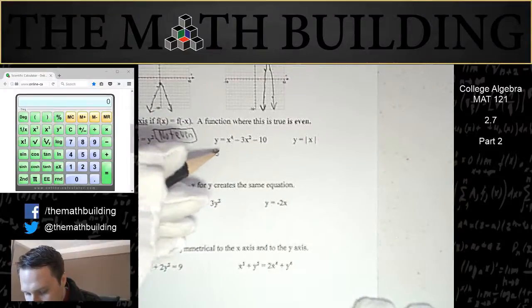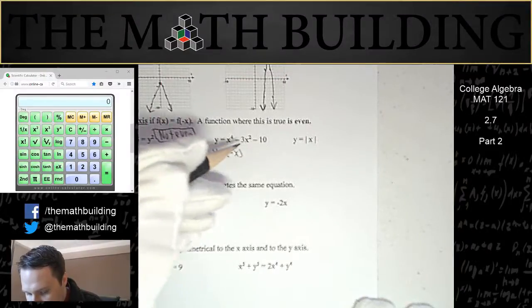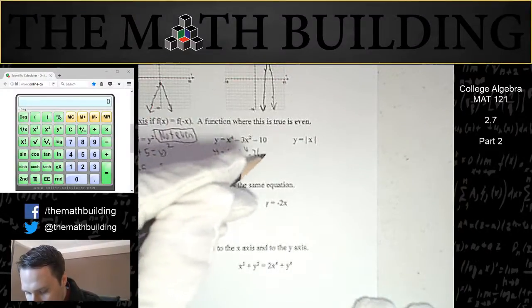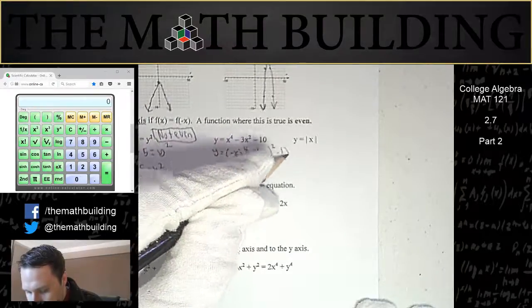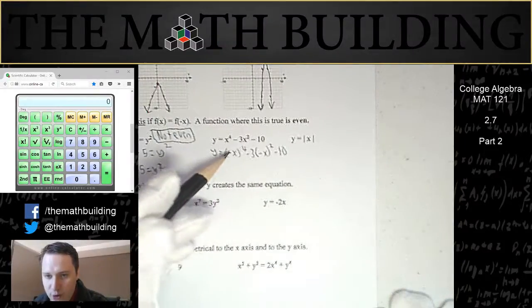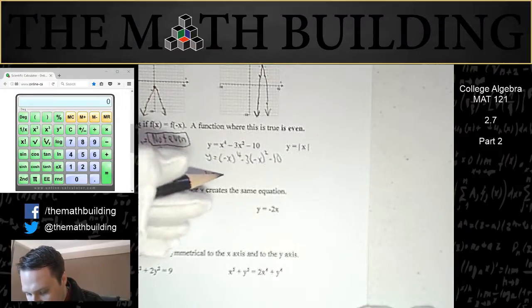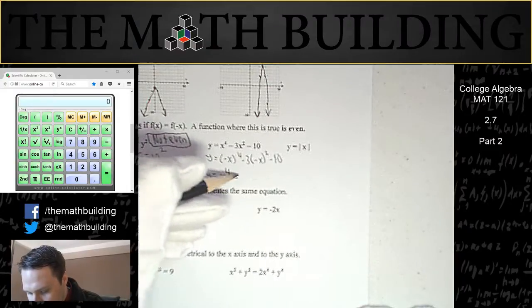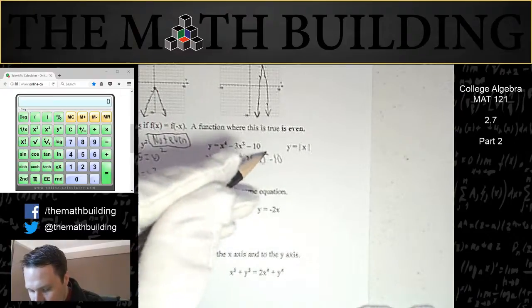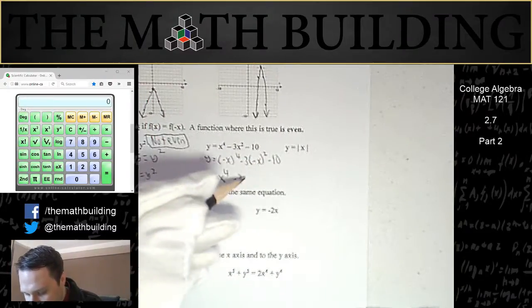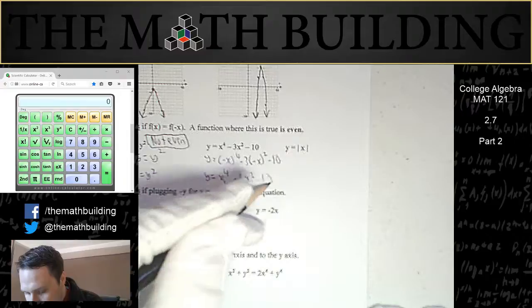How about this one? Is this one even? Plug in a negative. We see that this 4, that's going to cancel out that negative sign because 4 negatives make a positive. This negative x will get canceled because of the square, minus 10.